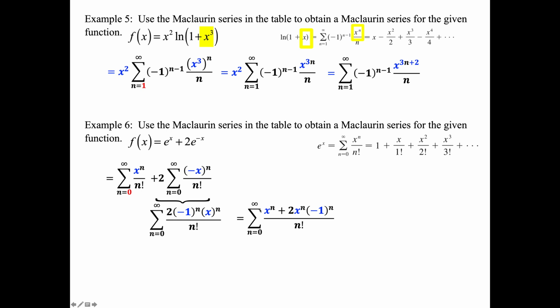So adding those two fractions together, x to the n plus 2 times x to the n times negative 1 to the n. Well, a reason I put these two together, the 2 and the x to the n power, is because these are two terms separated by the plus sign, so I can factor out the x to the n out of both of these. So this becomes x to the n now times 1 plus 2 times the negative 1 to the nth power, all over n factorial. And there is my Maclaurin series.